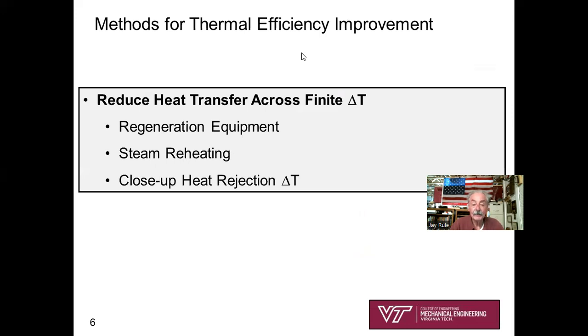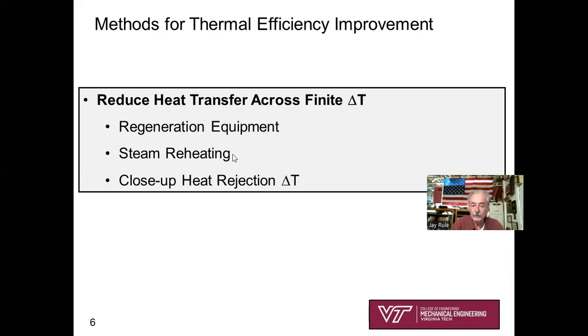Okay, now, so for the quick overview of where we're headed for the rest of this chapter, how will we reduce heat transfer across a finite temperature difference? And so there's three basic bullet items that I believe are going to mimic some of your homework assignments. One is called regeneration equipment. These would be called heaters, feed water heaters, two different types of feed water heaters.